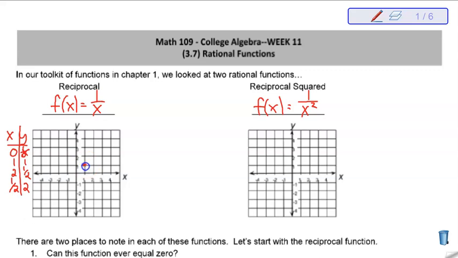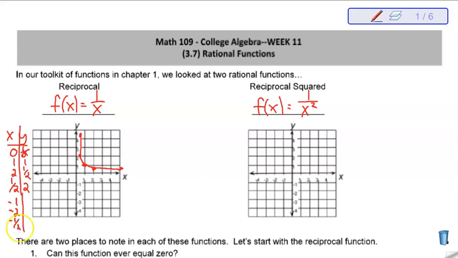So those common points, 1, 1, then at 2 we would be at 1/2, and at 1/2 we would be at 2, create the look of that function in the first quadrant, okay?